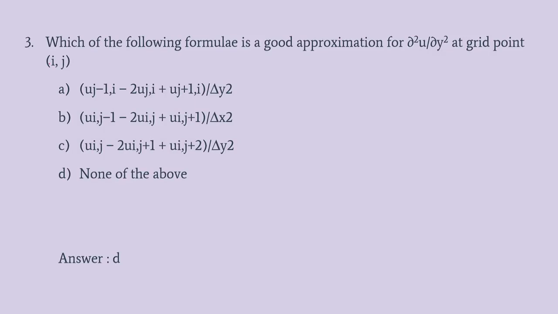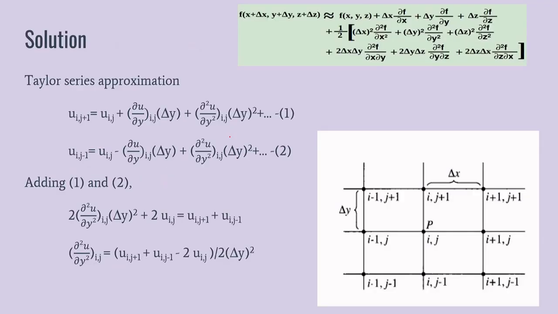So here the question is to find a good approximation for dou square u by dou y square. For this, this is a grid approximation. This is a structured grid, where delta y and delta x have the same or almost the same dimensions.